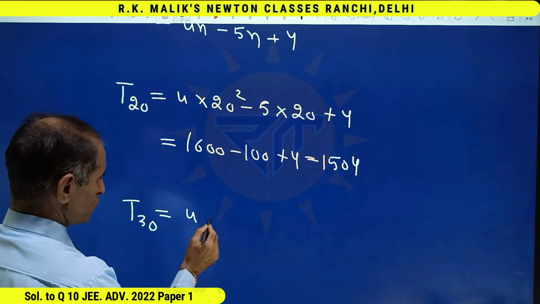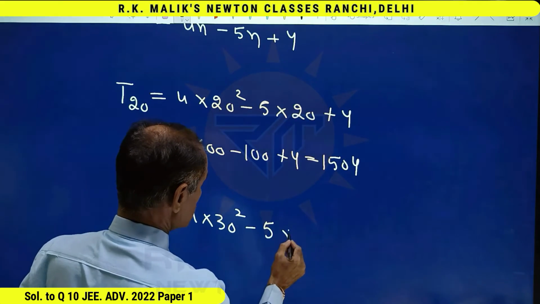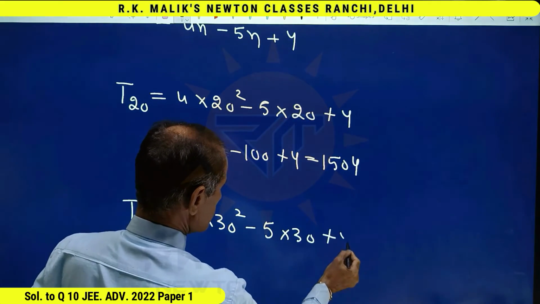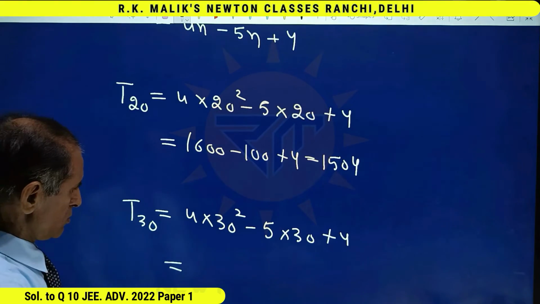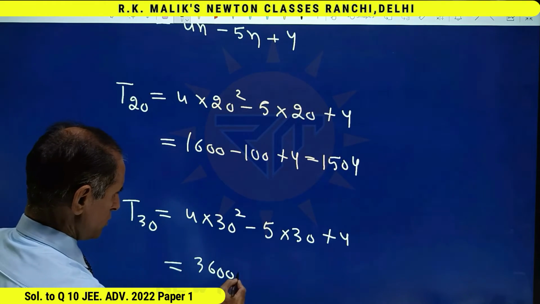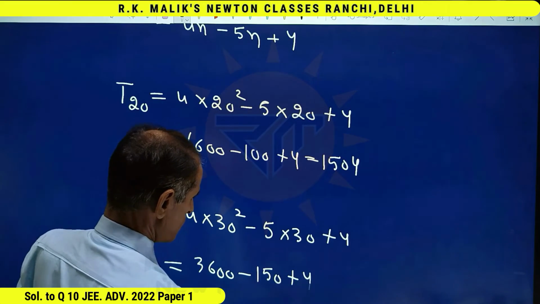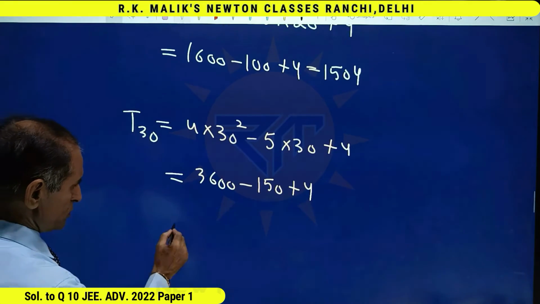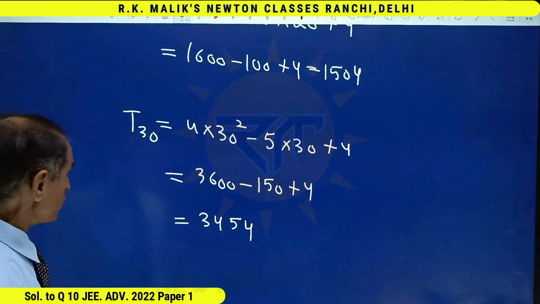Similarly, T30 will be 4 into 30 square minus 5 into 30 plus 4, that is 3600 minus 150 plus 4, this is equal to 3454.